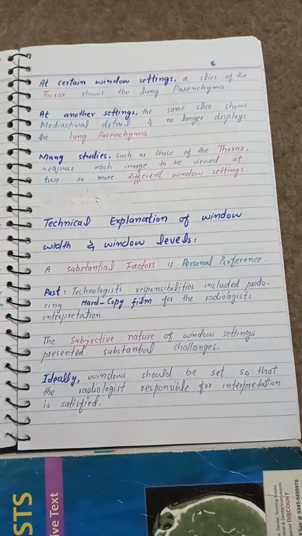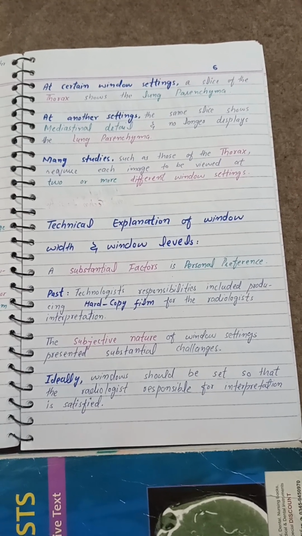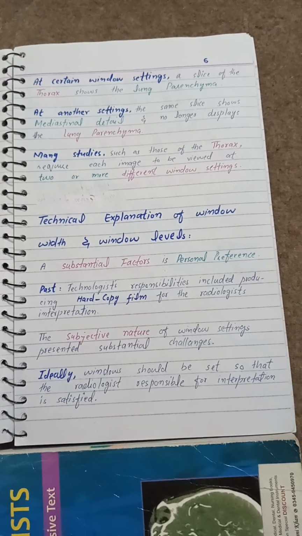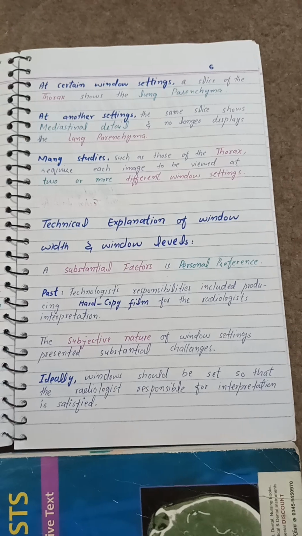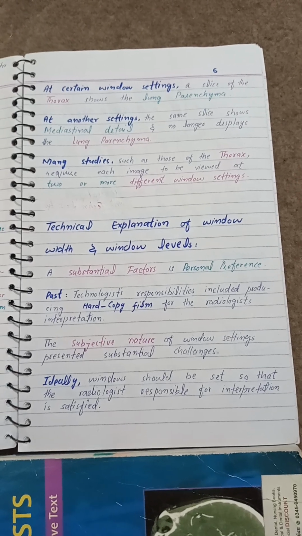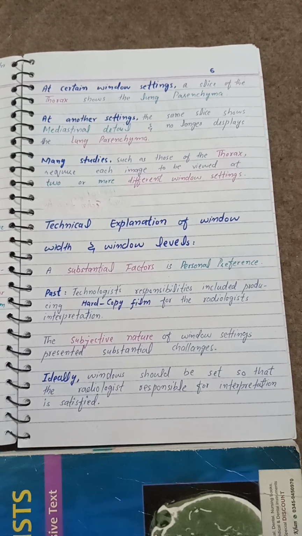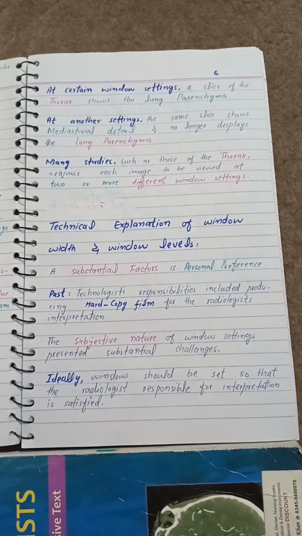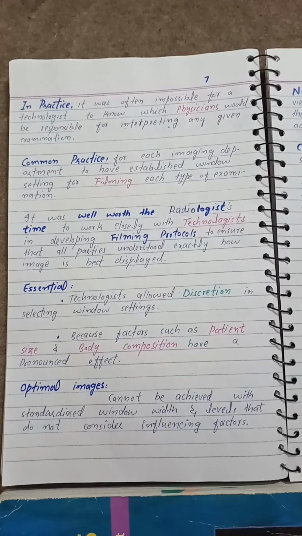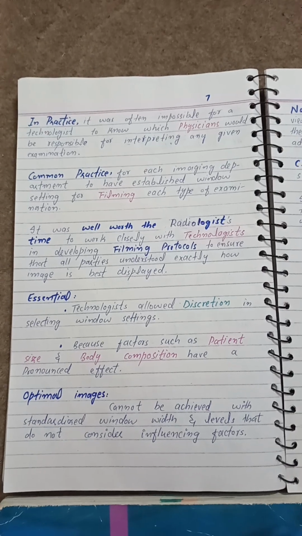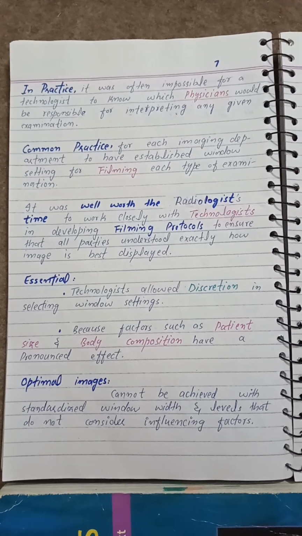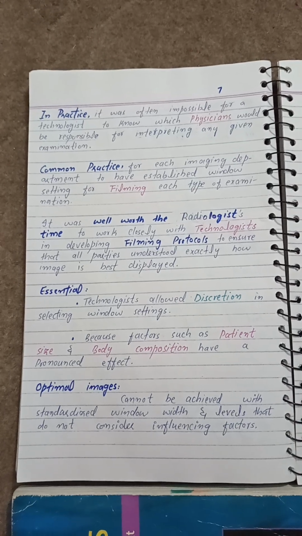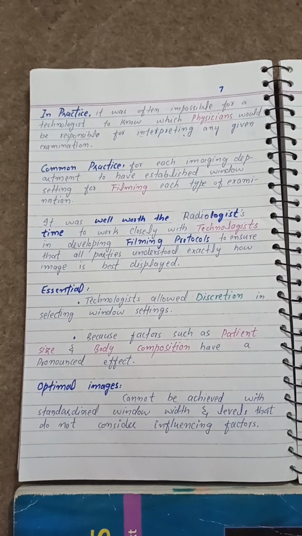In the past, technologists' responsibilities included producing hard copy film for the radiologist's interpretation. The subjective nature of window setting presented substantial challenges. Ideally, windows should be set so that the radiologist responsible for interpretation is satisfied. In practice, it was often impossible for a technologist to know which physicians would be responsible for interpreting any given examination.